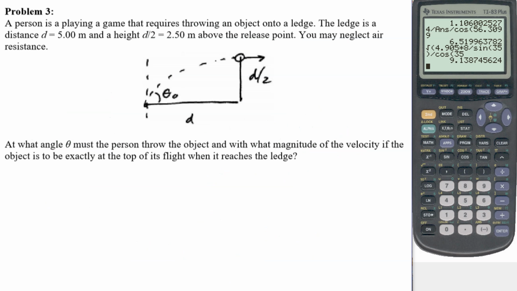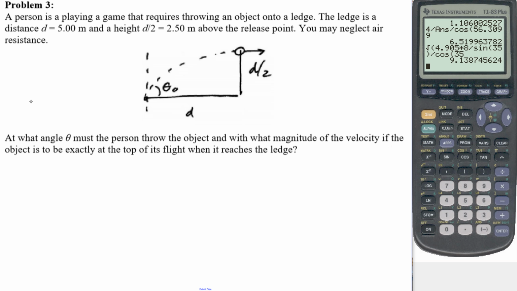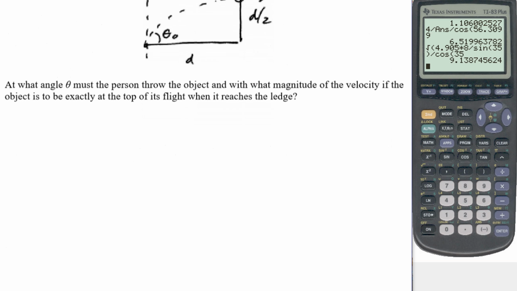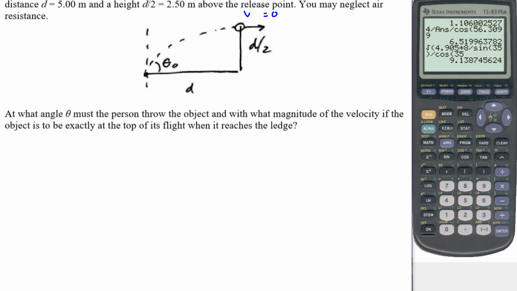Wow. Number 3. All right, I will assume you have read the question. Notice that at the peak height, the final y velocity is 0.